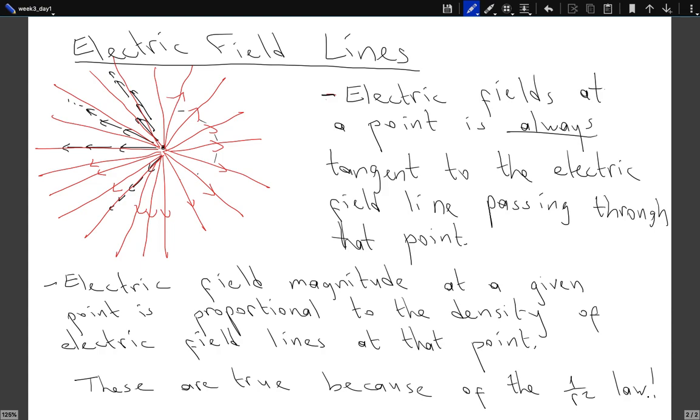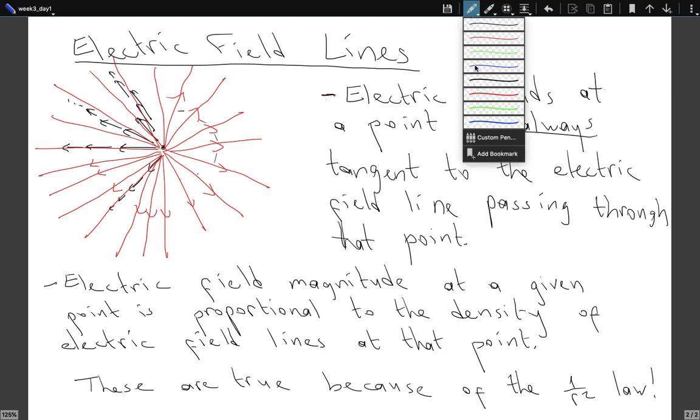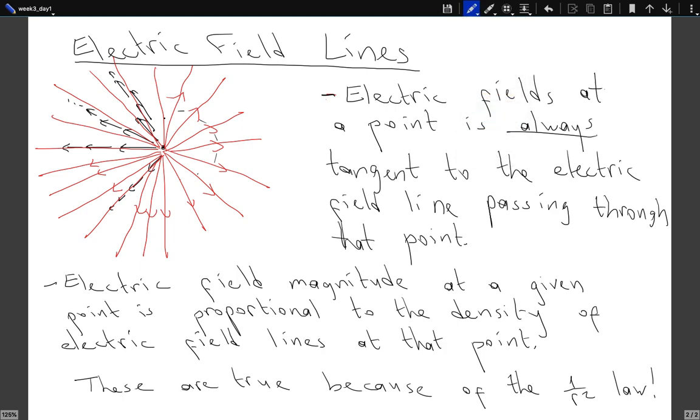Now, how is that relevant? Well, you see, here we have a positive charge, and we draw, let's say, 20 electric field lines. Now, just imagine spheres around that. Let's say there is such a sphere. How do you calculate the density?